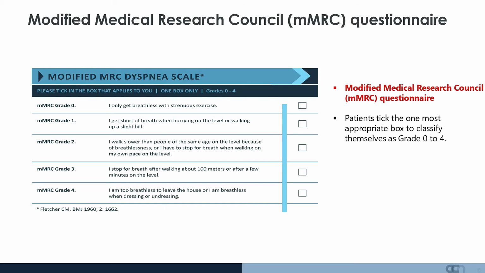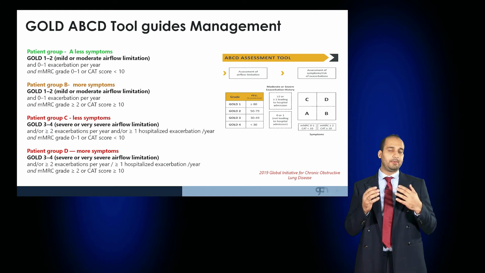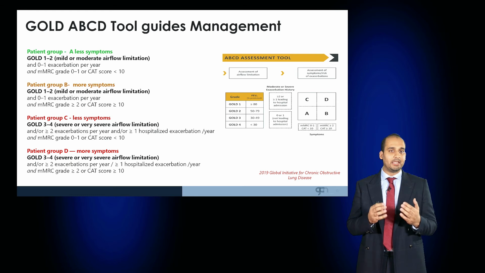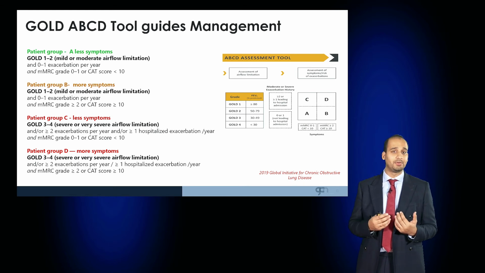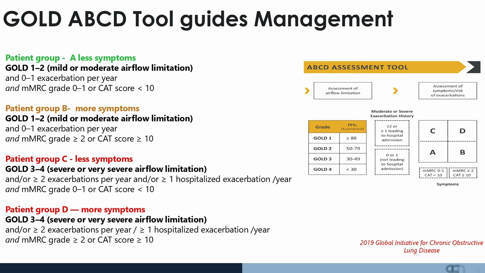Now, combining the spirometry as well as the questionnaire responses, patients are categorized using the GOLD ABCD tool. Patients in group A and B are those who are GOLD 1 or 2, i.e. they have mild to moderate airway limitation. But what distinguishes A and B is the symptoms.